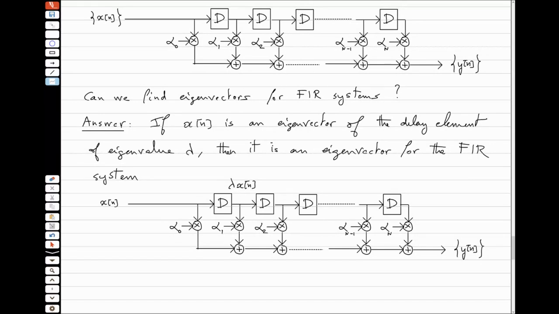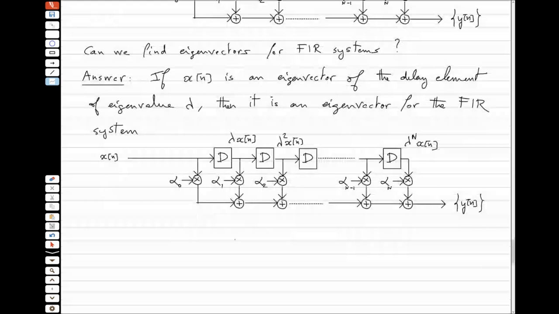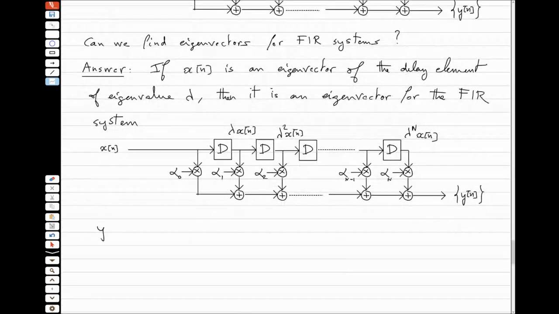Yes, lambda squared x of n. And here you get lambda cubed, and here you get lambda to the power of n, x of n.